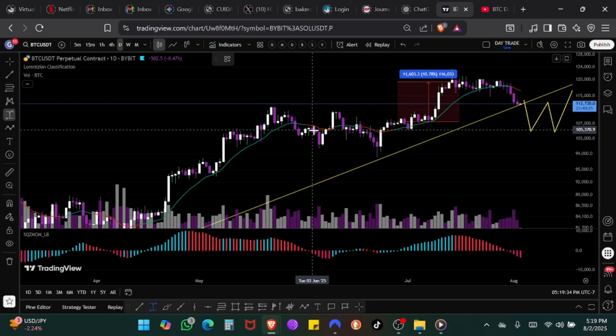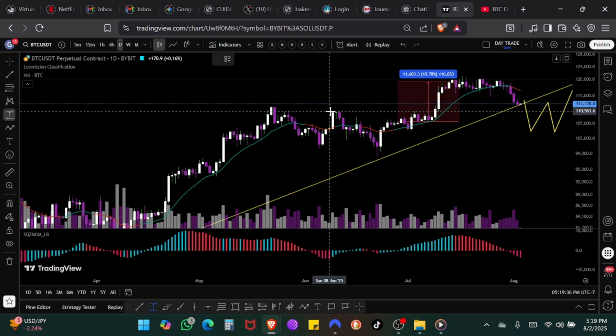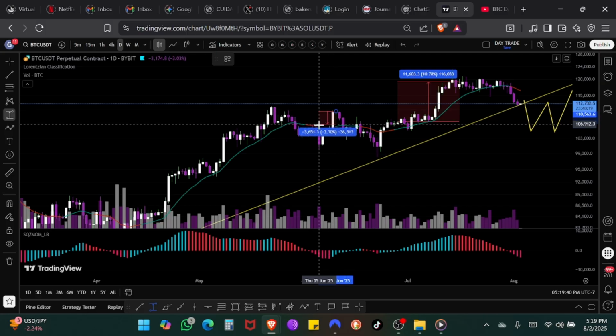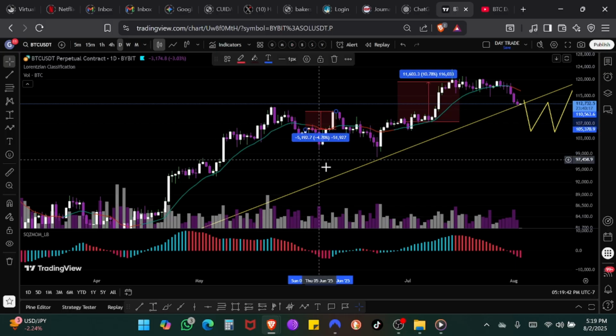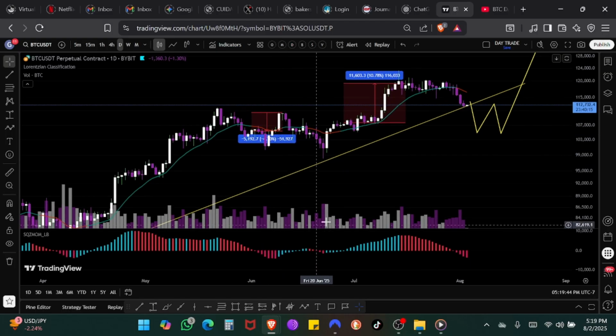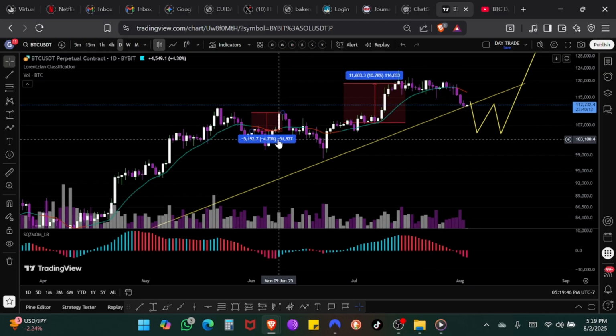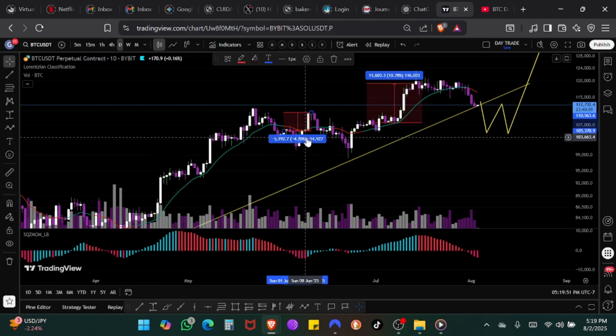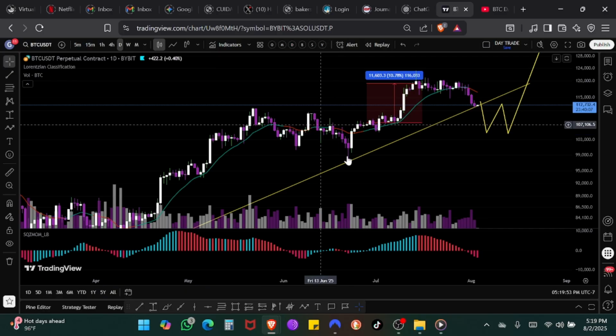This would have been the entry, and the exit would have been two green bars, and that would have been a negative 4.7%. That would be a nice chunk of your trading capital. So we don't take those.